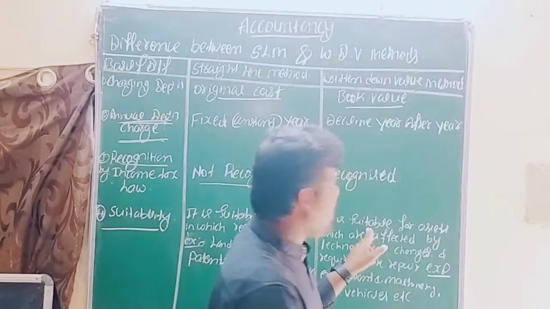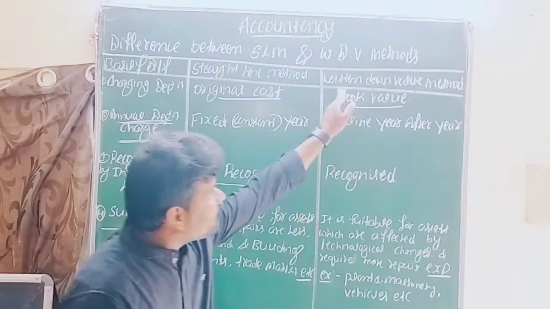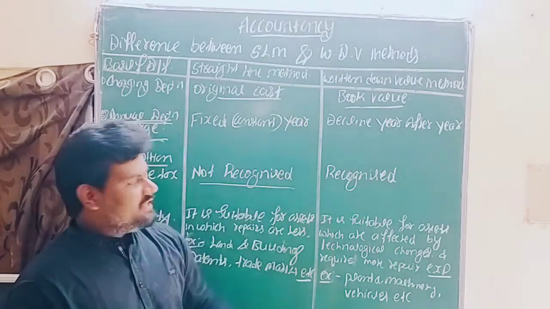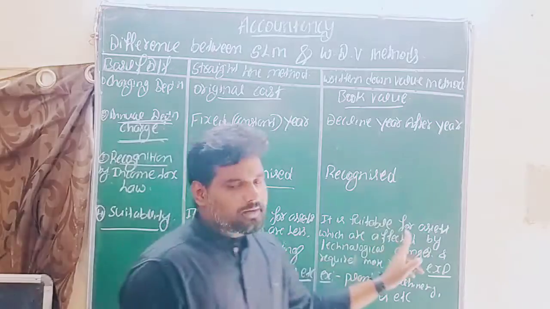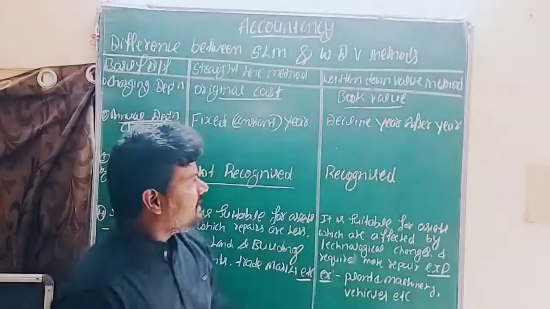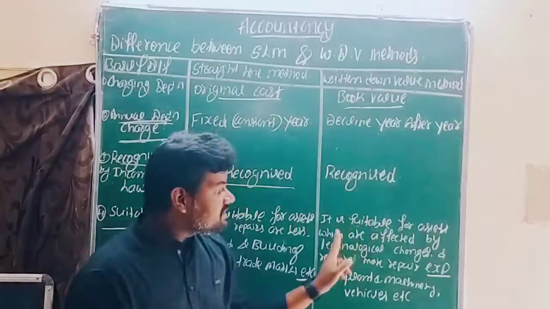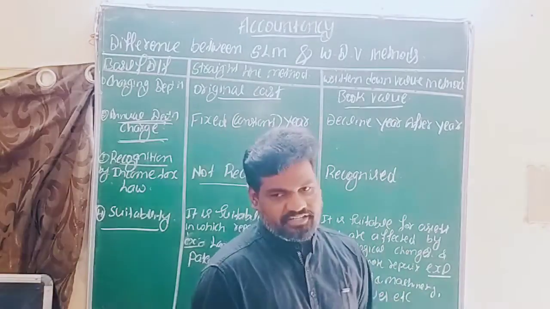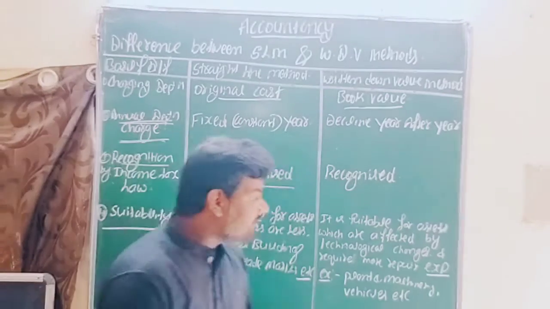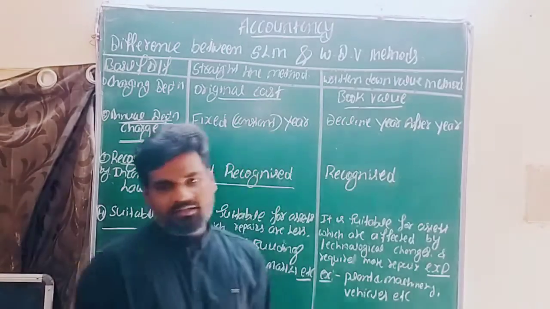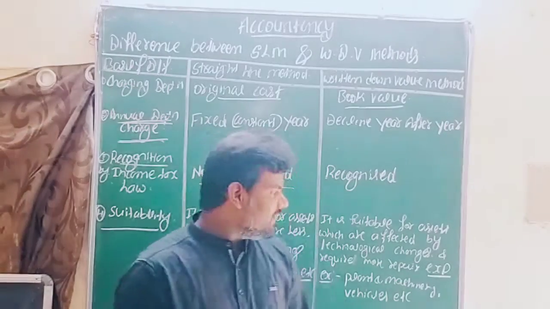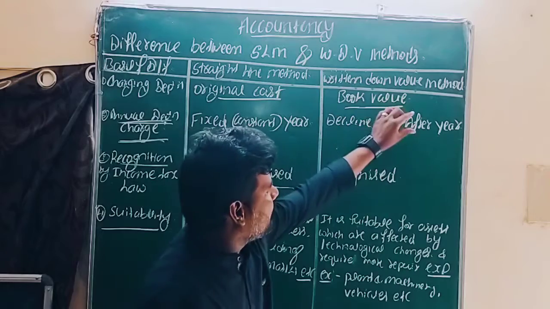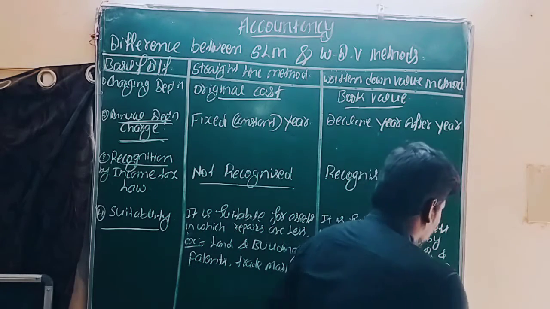On the opposite side, the written down value method, I mean the diminishing balance method or reducing balance method, is suitable for assets which are affected by technological changes and require more repair expenses. Such assets, like plant and machinery, use the written down value method.